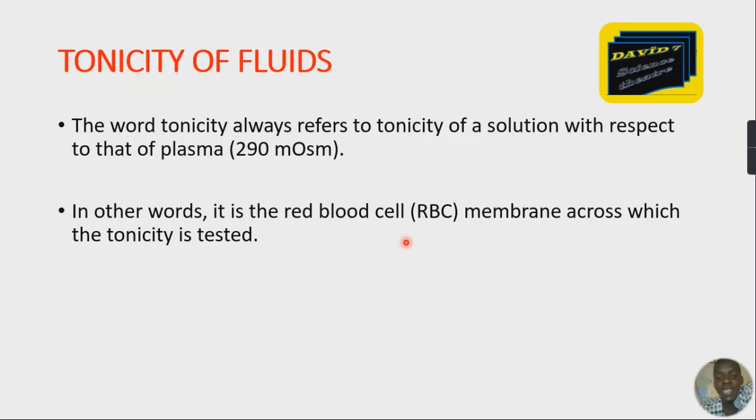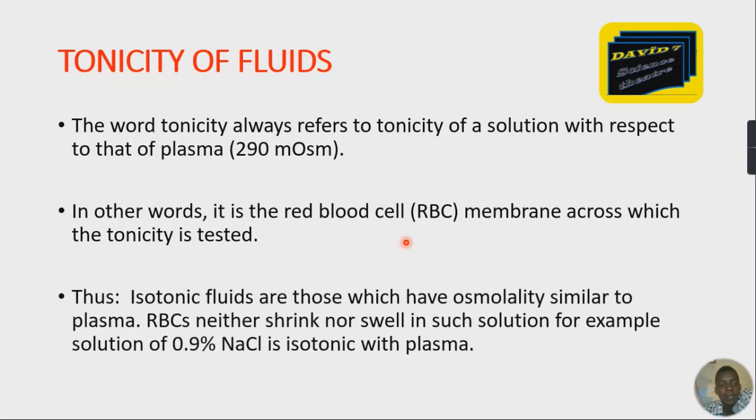We are using the red blood cell membrane as the semi-permeable membrane, okay? Thus, isotonic fluids are those which have osmolarity similar to that of plasma, I mean 290 milliosmoles. For example, 0.9% sodium chloride, if you calculate it, has an osmolarity of 290 milliosmoles, and red blood cells will neither shrink nor swell in this solution.